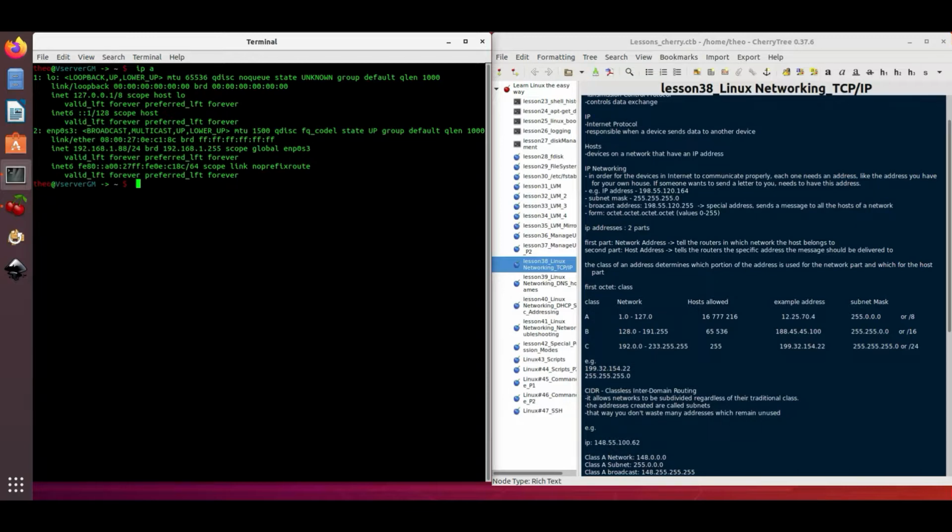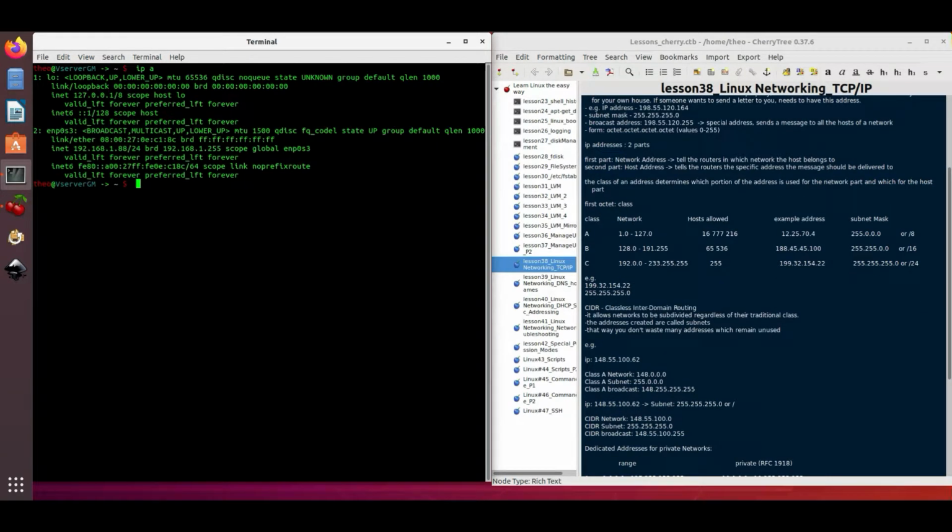And as I stated before, an IP address has two parts. The first part is the network address, and the second part is the host address. The network address tells the routers in which network the host belongs. The second part, the host address, tells the routers the specific address the message should be delivered to.